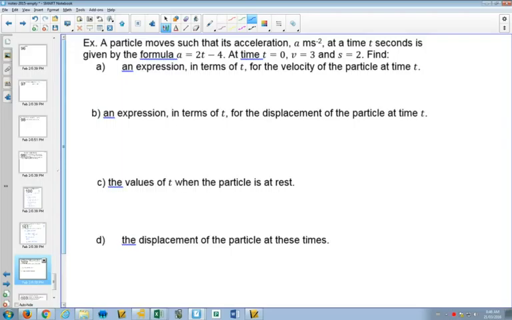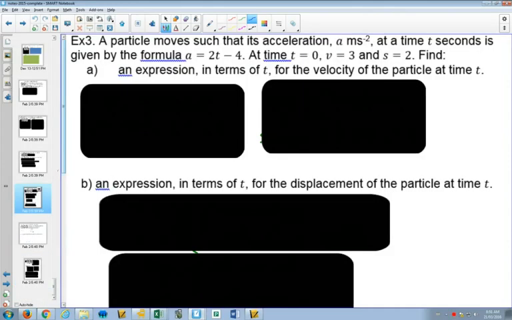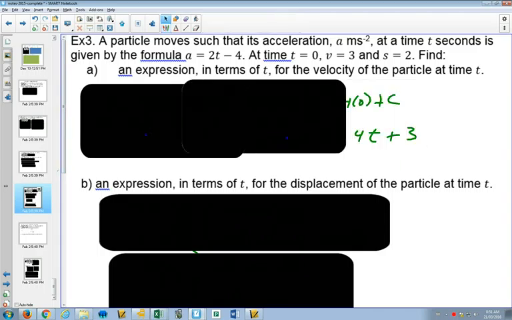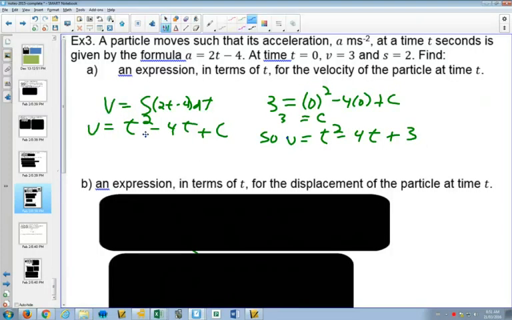All right, this third one I'm going to get you to try. All right, let's check how you did on the first ones. Since we have acceleration, we're going to integrate, and we know our initial velocity, so we can find that our c value has to be 3.